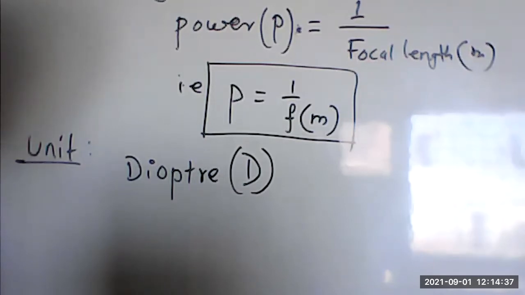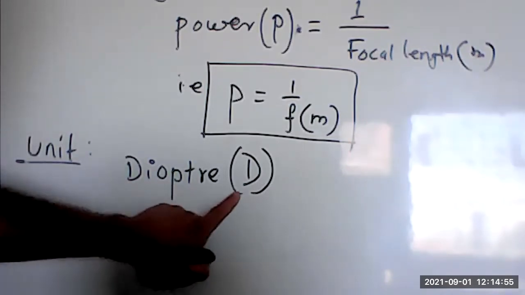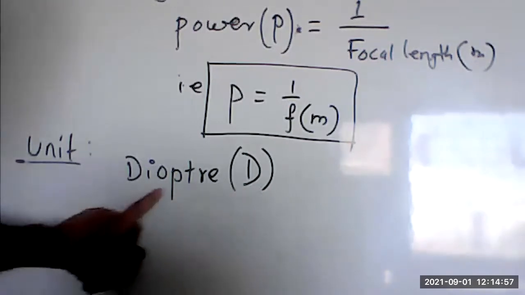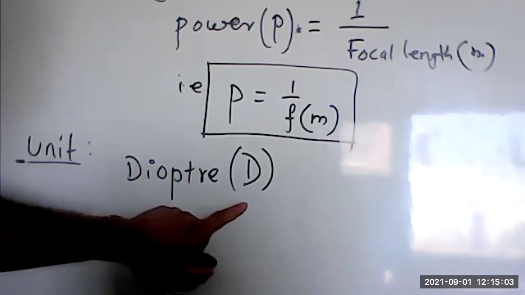First question, show me your copy. Define power of lens, write its formula and unit. Then what is the unit of power of lens? The unit of power of lens is diopter, D-I-O-P-T-R-E, diopter. It is denoted by D. The SI unit of power of lens is diopter.